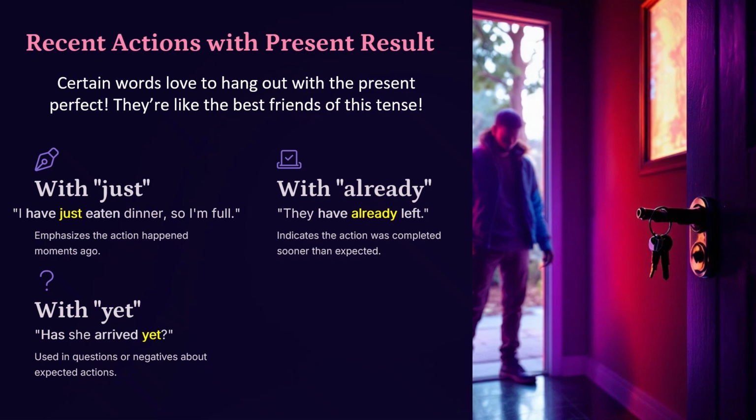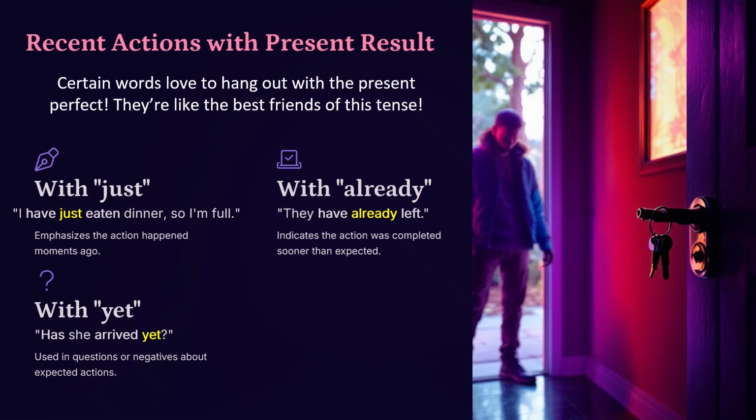Look, certain words love to hang out with the present perfect. They are like the best friends of this tense. Just, already, and yet. Let me introduce them to you. Number one is just. For example, I have just eaten dinner, so I'm full. Look, we use just after helping verb or auxiliary verb have. I have just eaten dinner. So it emphasizes the action happened moments ago.